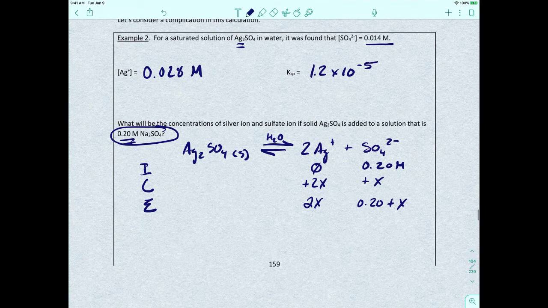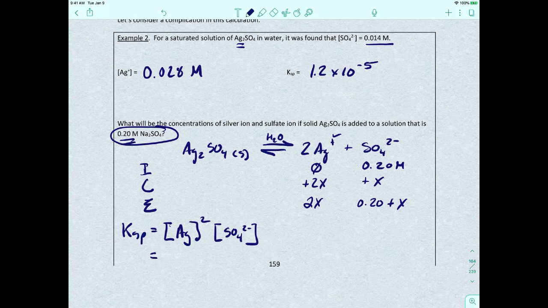If I write a KSP expression, KSP is going to be equal to the concentration of silver, because there's two of these silvers, we have to square it, times the concentration of sulfate ion. Popping in our values, for silver it's 2x squared times the concentration of sulfate, 0.20 plus x, equal to 1.2 times 10 to the minus fifth.